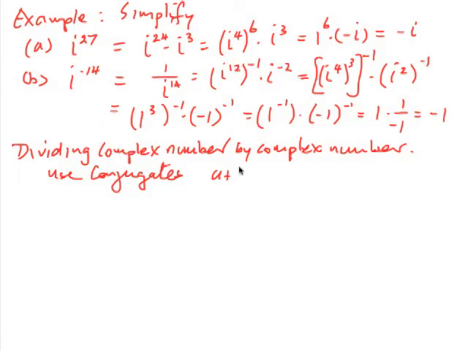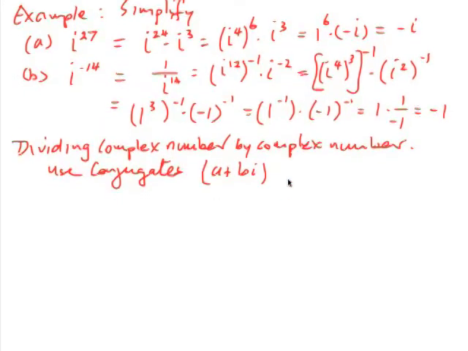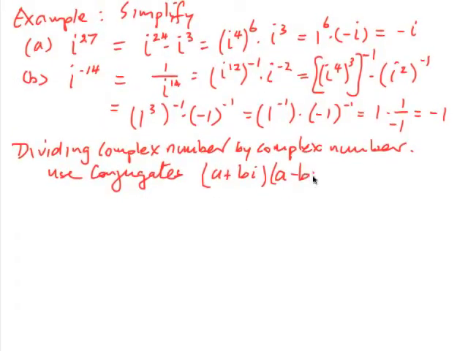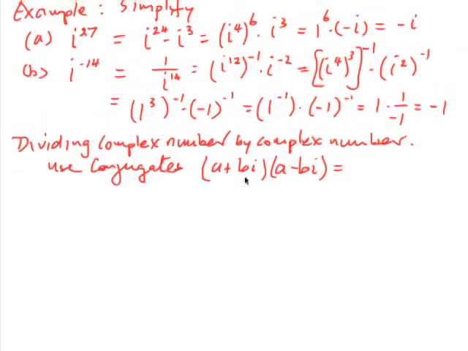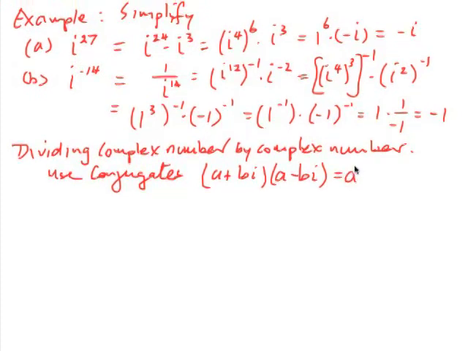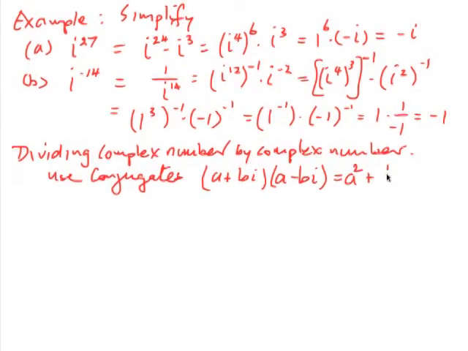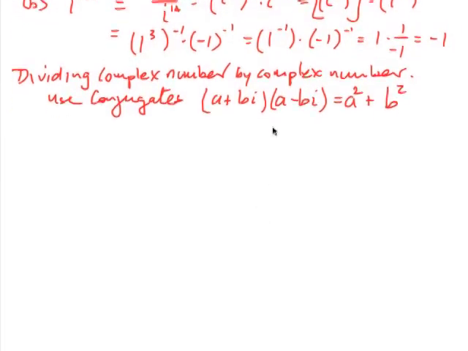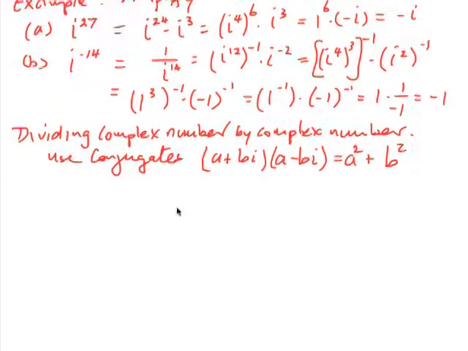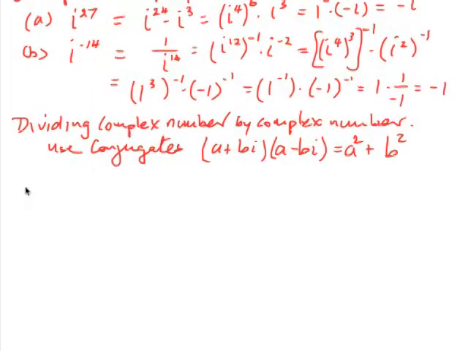That says that a plus bi times a minus bi, we saw before, got rid of the imaginary part, and it turns out to be just a squared plus b squared. If you FOIL this out, you'll see that that's what it comes out to be.